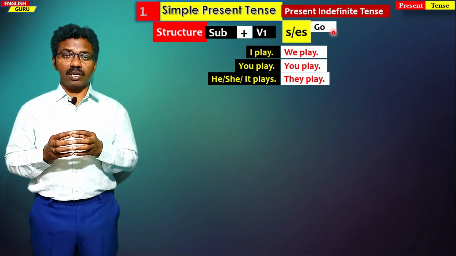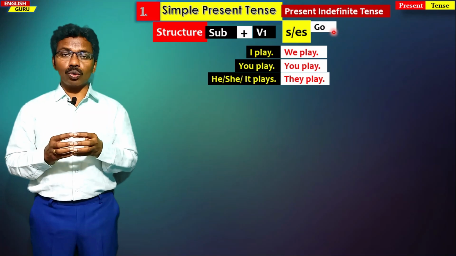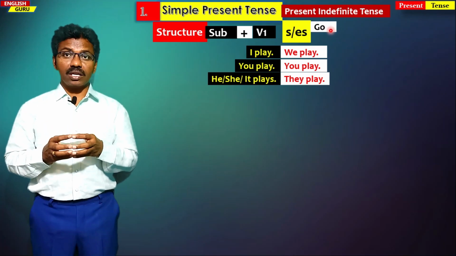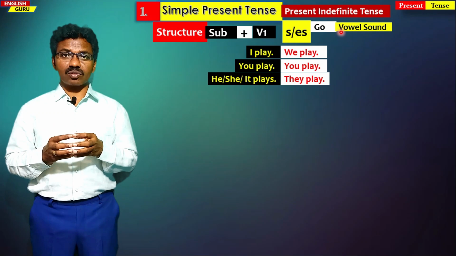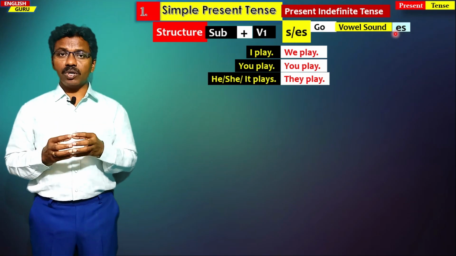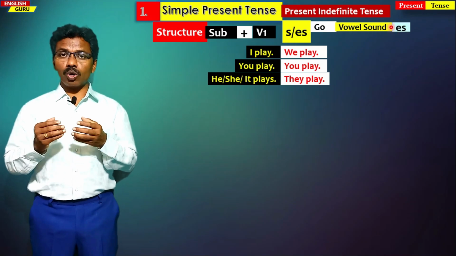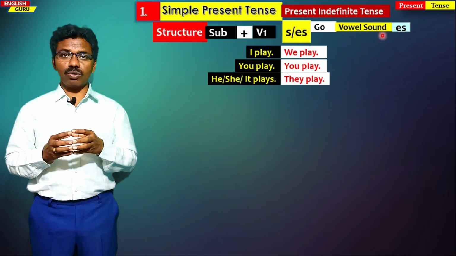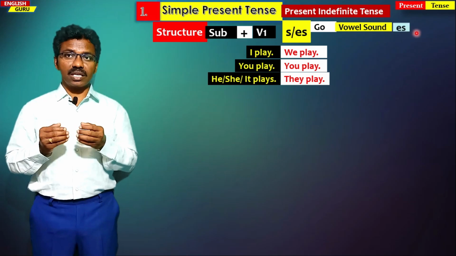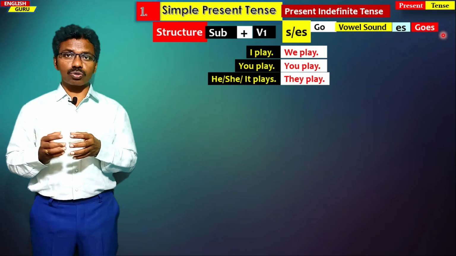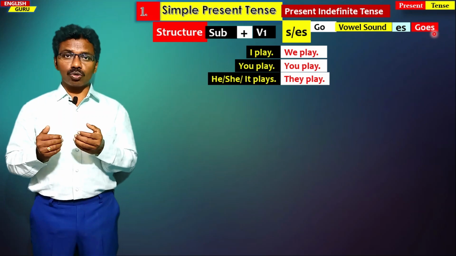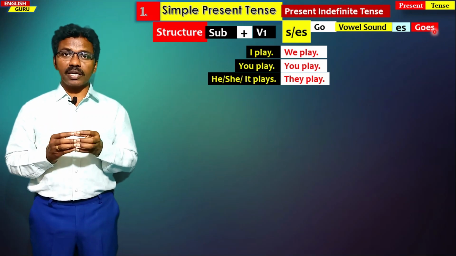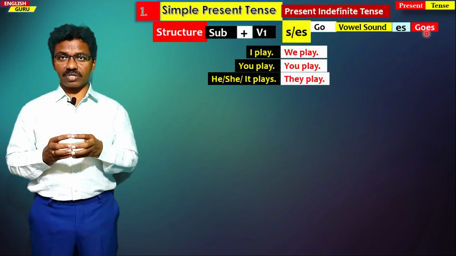For example, if there is a word like go, it's a verb, right? It takes es because the verb go ends with an o sound, that is a vowel sound. That's the reason it takes es and it becomes goes, which means he goes, she goes, it goes. That is how we have to say.